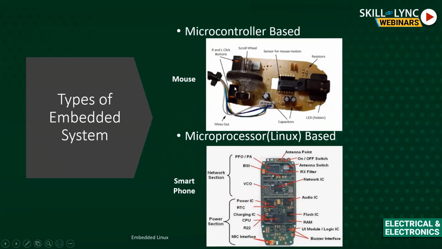And as compared to the mouse, we can have n number of inputs coming to our smartphone: some from the camera, some from the cellular network, some from the on-off button. So if we try to use a microcontroller-based system, the number of inputs coming to the microprocessor is not constant.